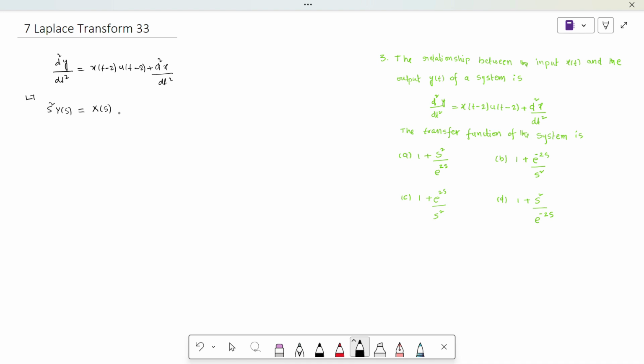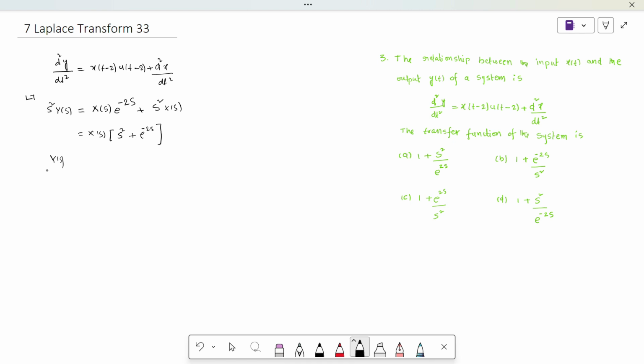So this is delayed, so we should multiply with e power minus 2s, plus s square into X of s. So X of s is the common factor. So s square plus e power minus 2s.